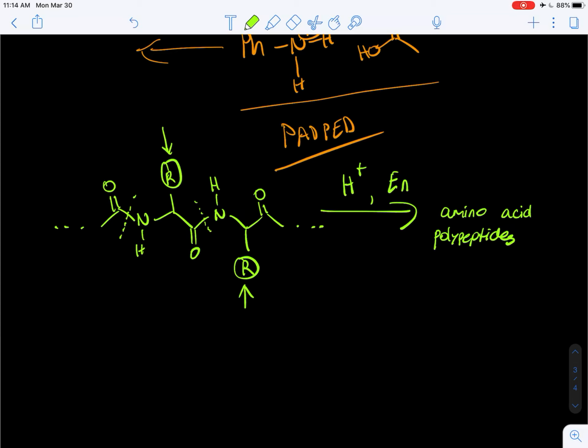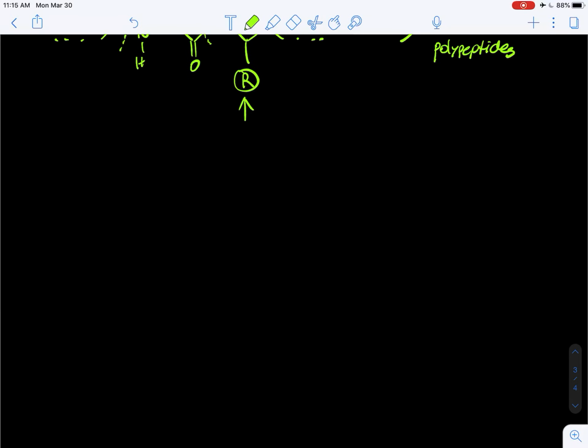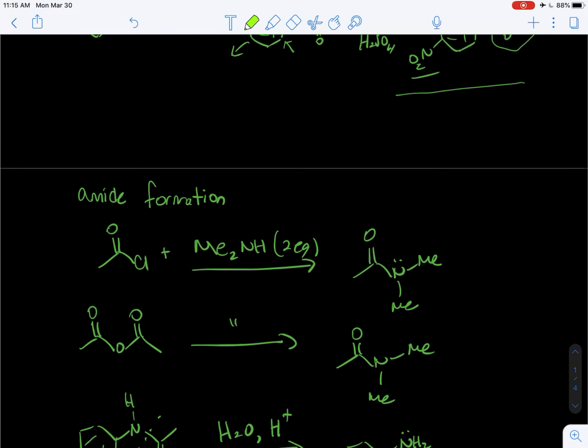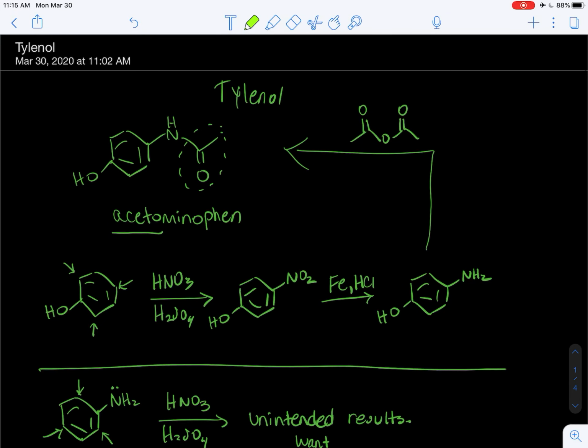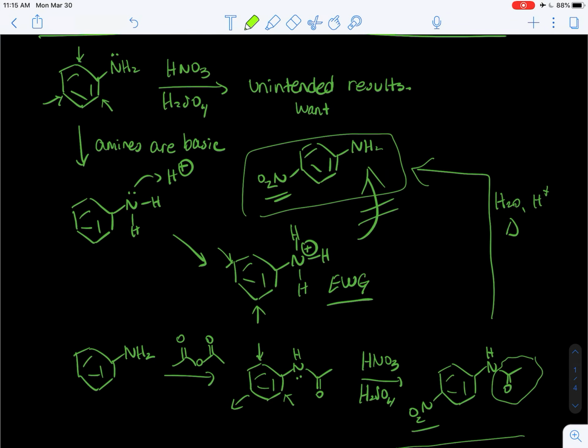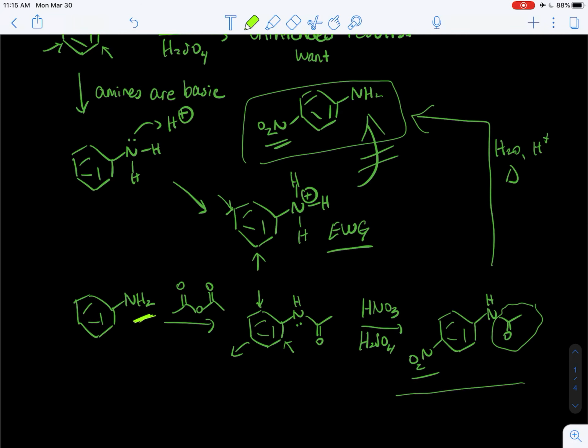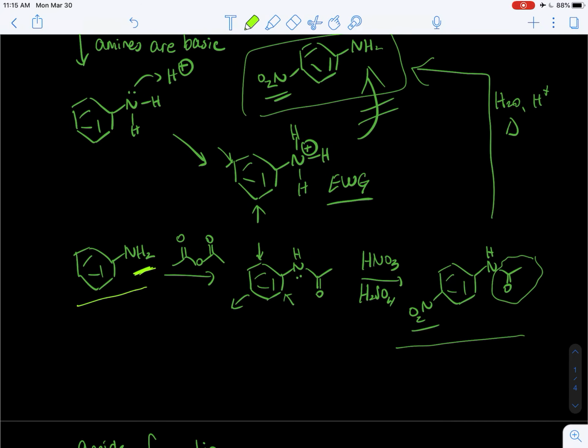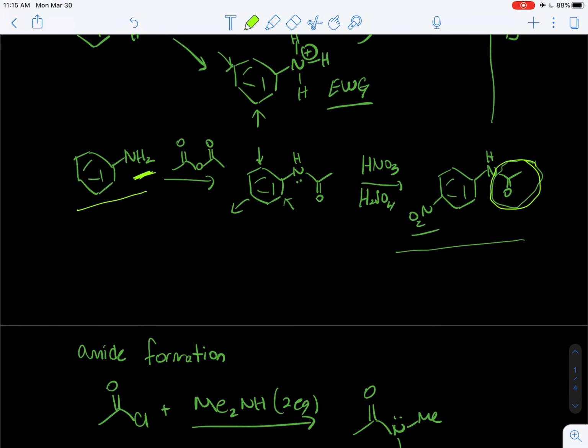Okay, so that's a little bit about how to synthesize Tylenol, how to acylate the nitrogens of anilines, for example, or other aromatic derivatives to serve as protecting groups so that you'll get the correct reaction. Another reason that we would want to protect the nitrogen is because, remember, this nitrogen with the lone pair is so coordinating.